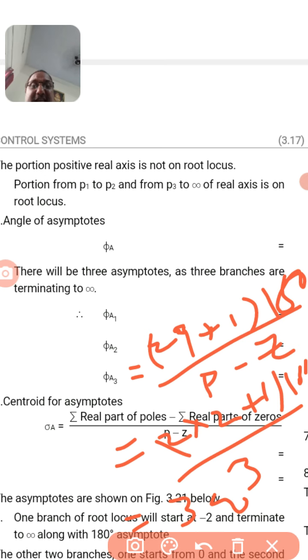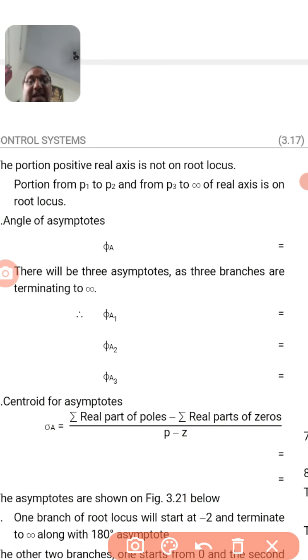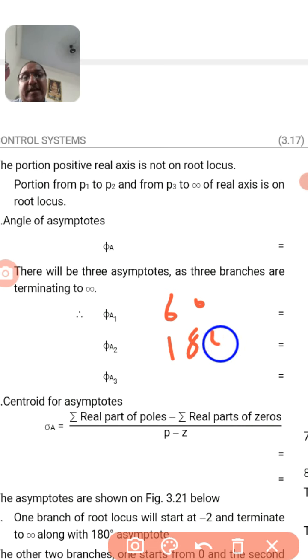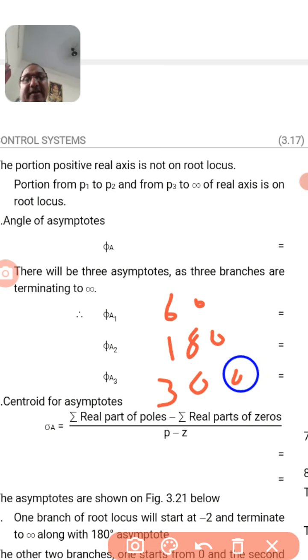The next angle is 300. So there are three angles: one is 60, the second is 180, and the third is 300. These are the three angles along which the asymptotes will go.